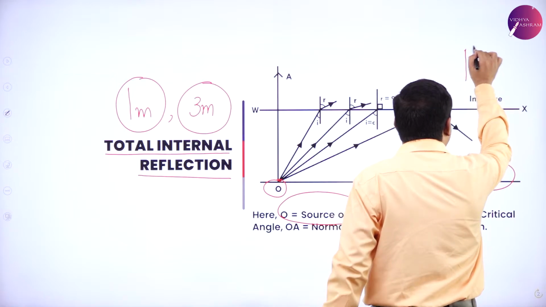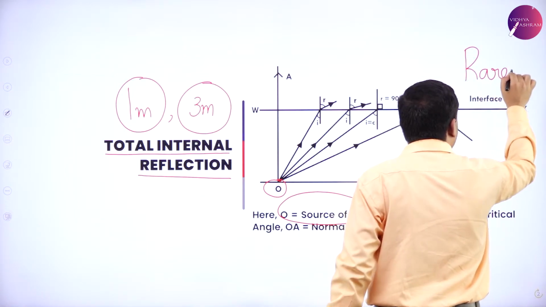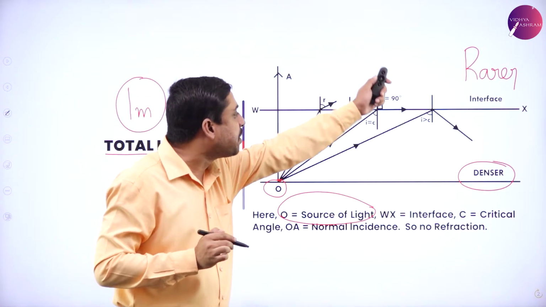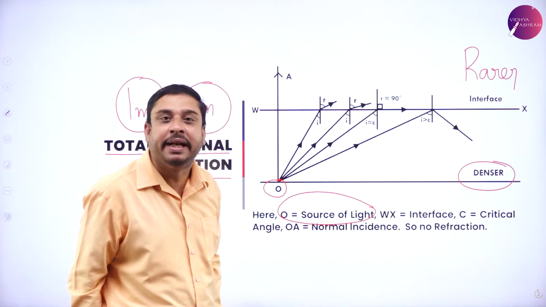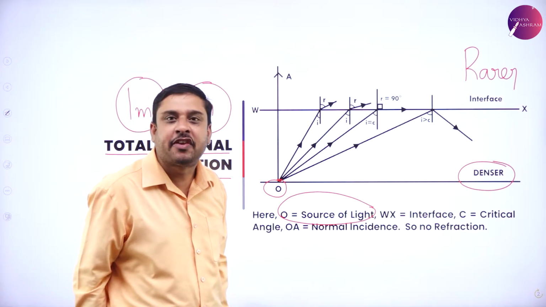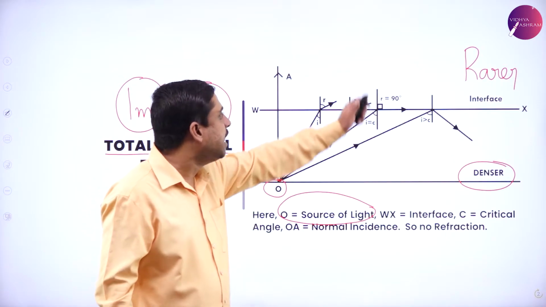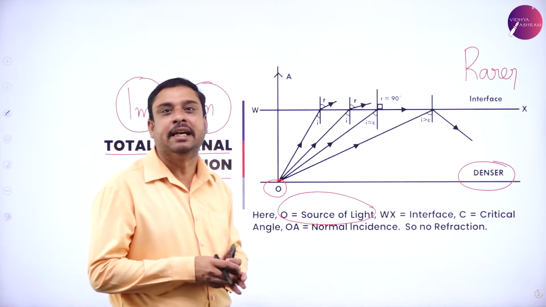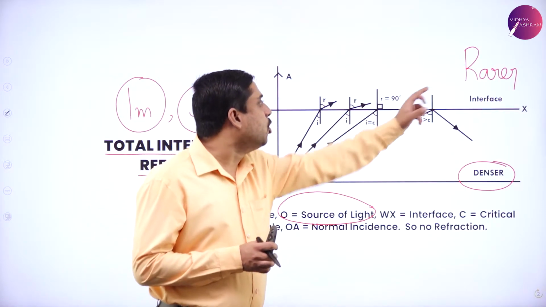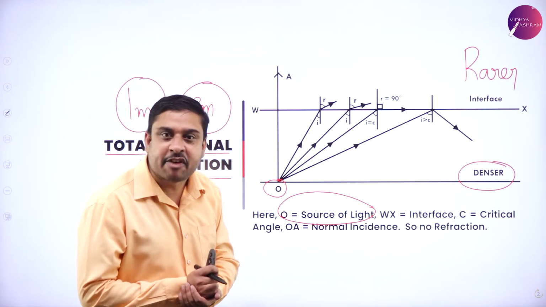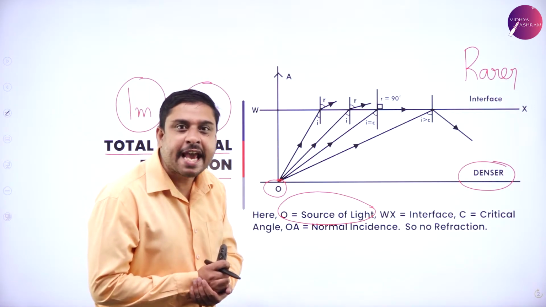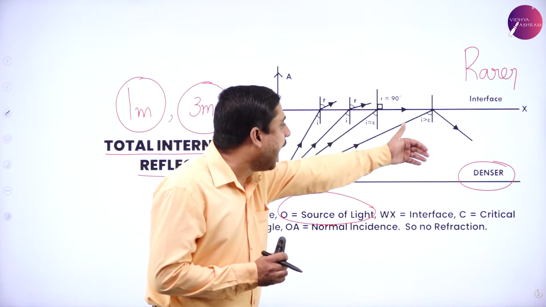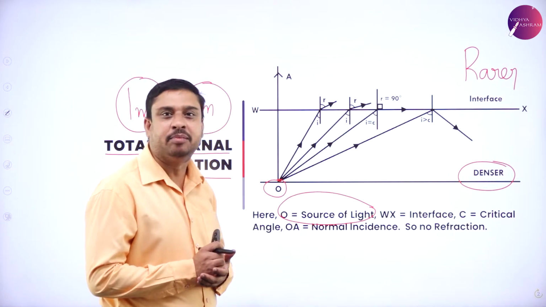We know it is a surface which will distinguish between rarer medium and denser medium. A surface which will separate the rarer medium and the denser medium. So WX is the interface surface separating the rarer medium and the denser medium.